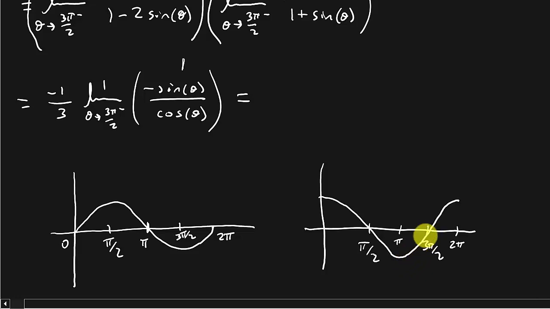Well, it's getting closer and closer to 0. It's getting smaller and smaller and smaller. And if I have a number that's getting smaller and smaller in the denominator, and the numerator is kind of staying at 1, well, this thing right here is going to -infinity.